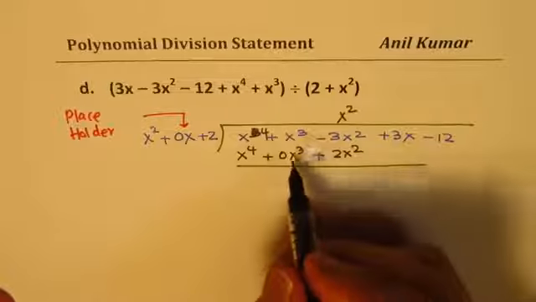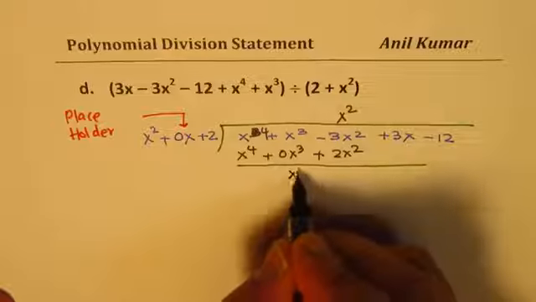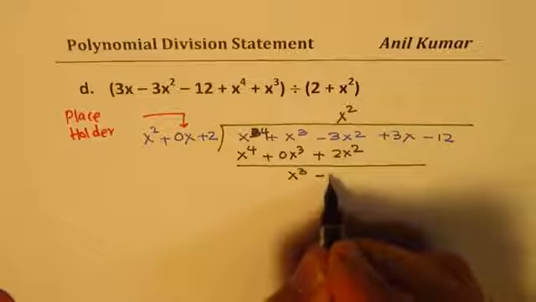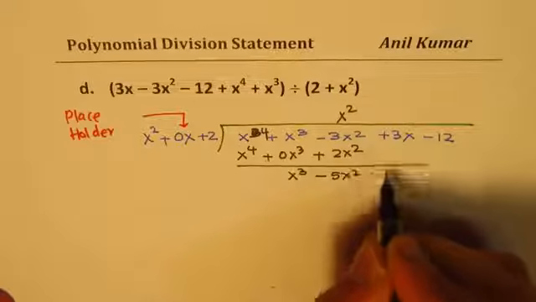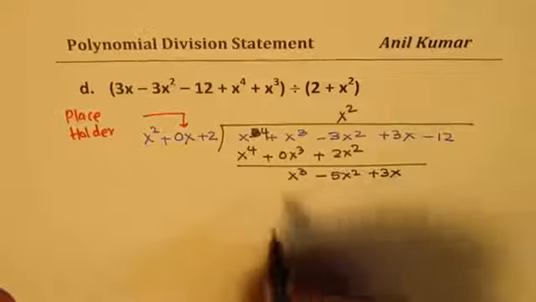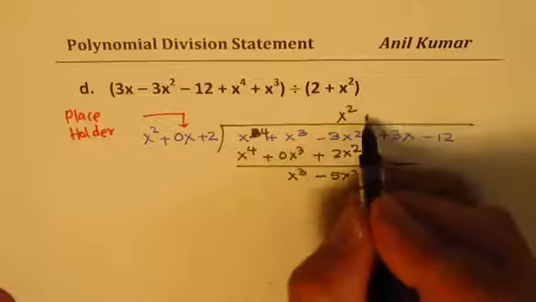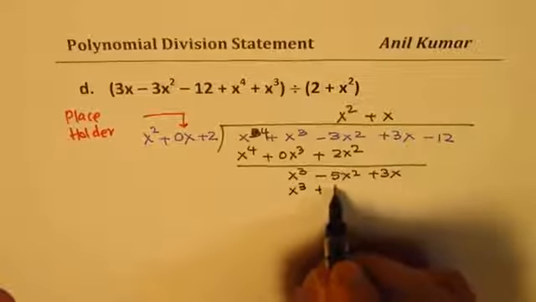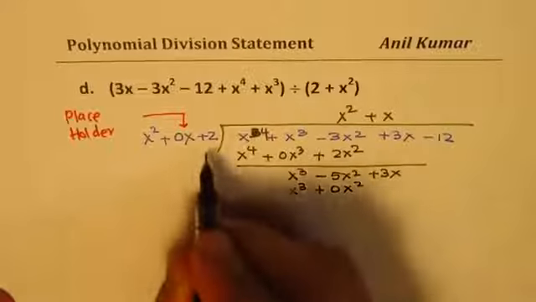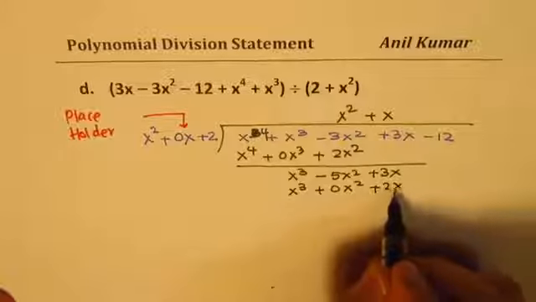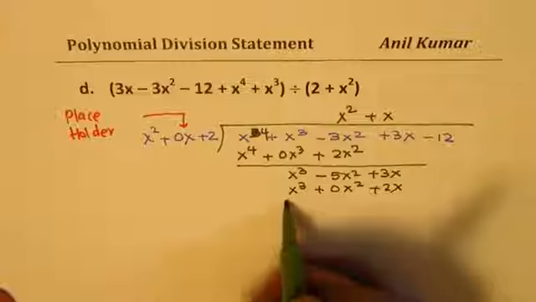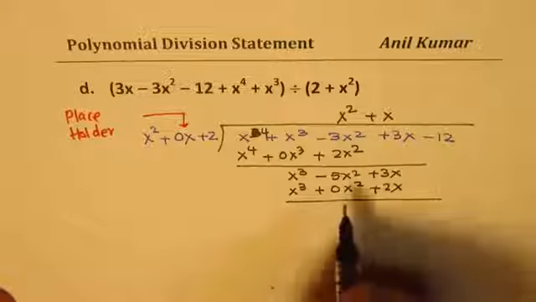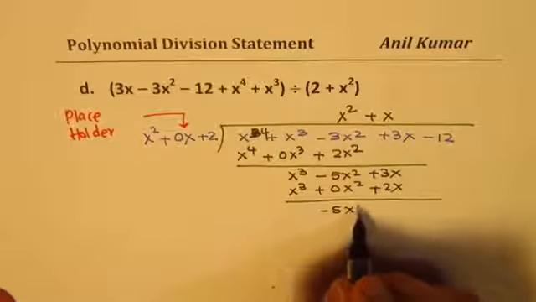Now when you take away, you get x cubed here. When you take this away, you get minus 5x squared. Bring down the next term, which is 3x. Now we need to multiply by x, so we get x cubed plus 0x squared and plus 2x. Now when you take away, you get minus 5x squared.